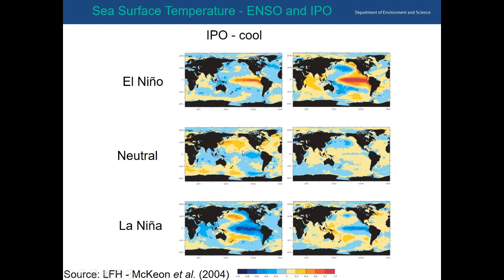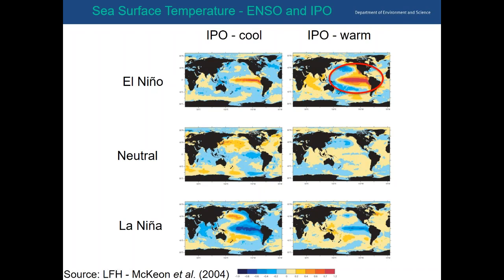Okay, so let's add something to the columns. This column here is when we have the IPO cool situation, beneficial for us. IPO warm is detrimental to our rainfall, and I'll show you the opposites here, where we have an El Nino and a warm IPO, and that's when we get our killer droughts, our worst droughts.